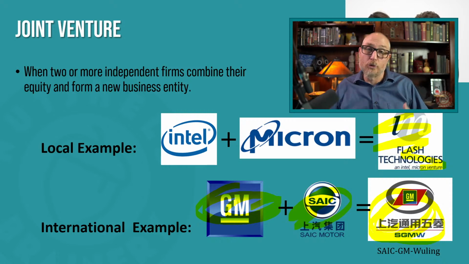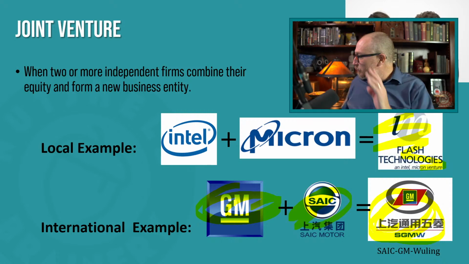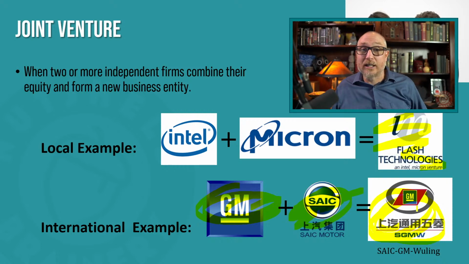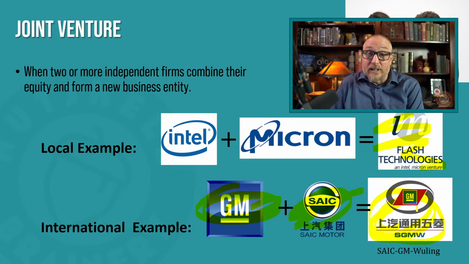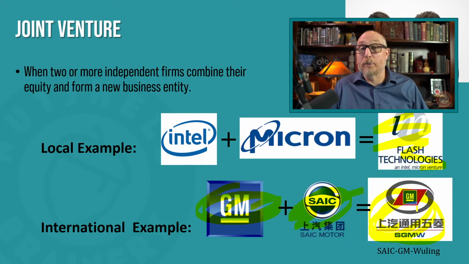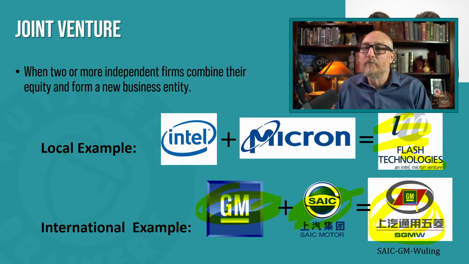You need to partner with a Chinese company. So General Motors said, great, I'll get together with SAIC, and together they started this joint venture. That way, everybody benefited. So in some cases, such as China, you're required to set up a joint venture so that the Chinese government and Chinese economy can benefit from this as well.